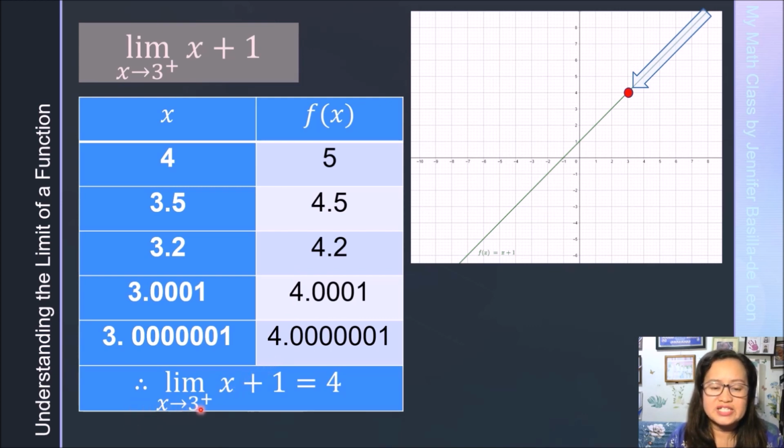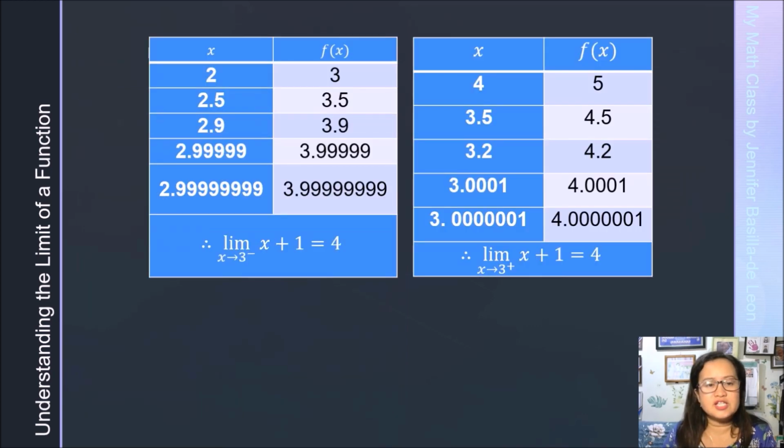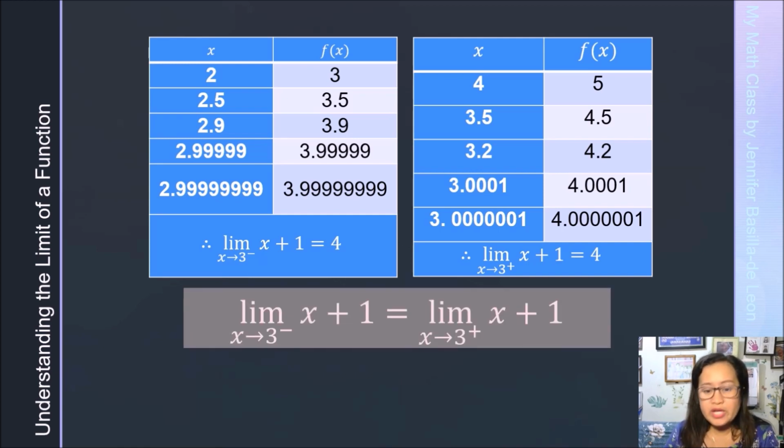Therefore, we can say that the limit of x plus 1 as x approaches 3 from the right is also 4. Since the limit from the left is equal to the limit from the right, we can say that the limit of x plus 1 as x approaches 3 is 4.